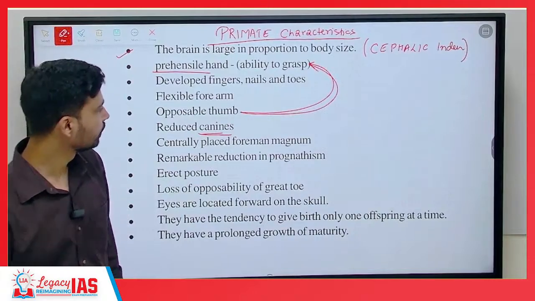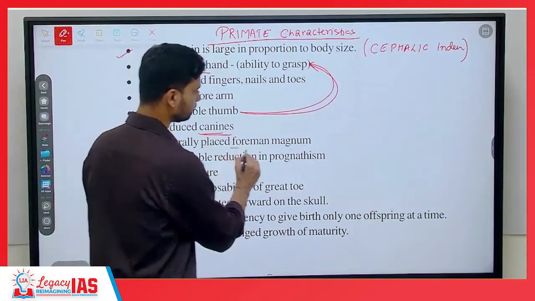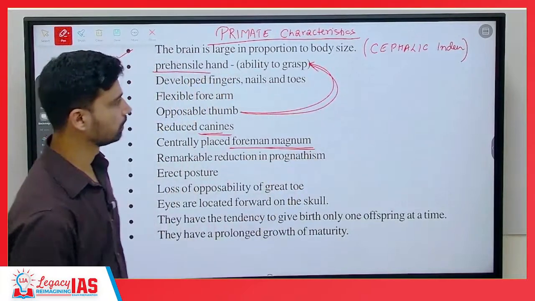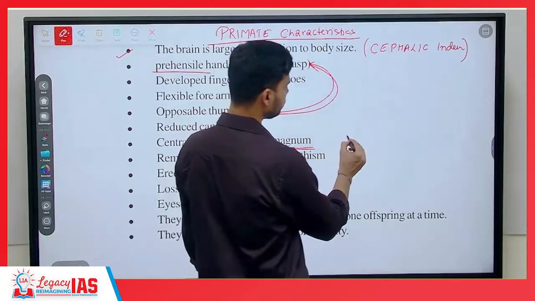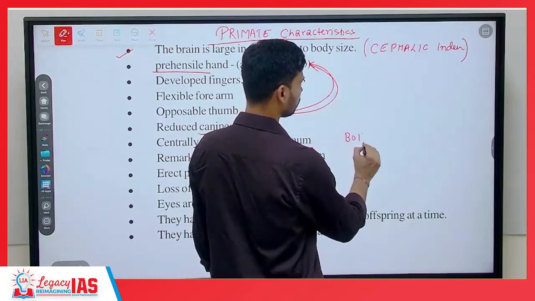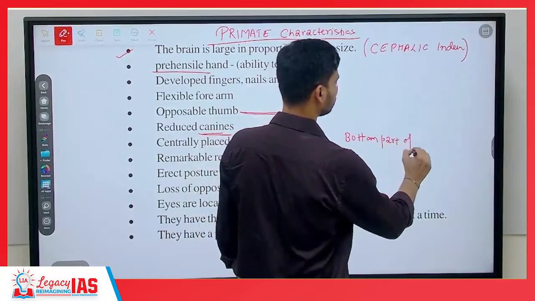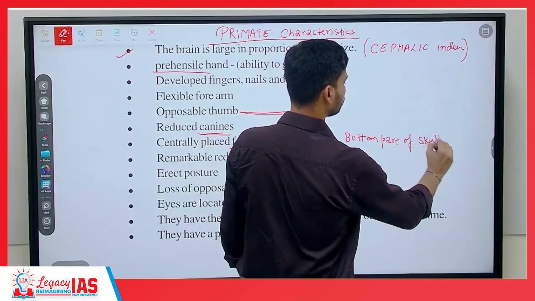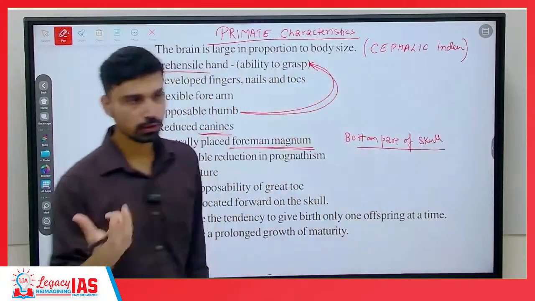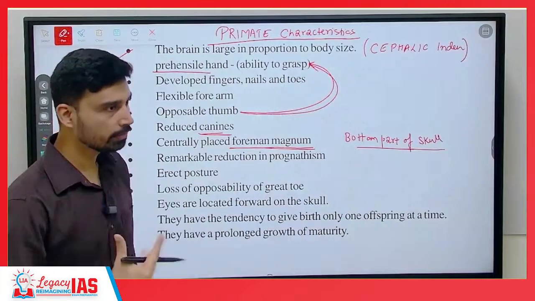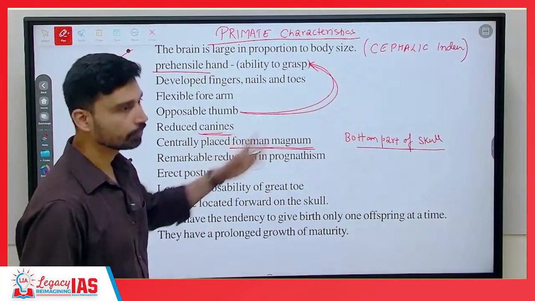Centrally placed foramen magnum. Foramen magnum is the bottom part of your skull. It is a big hole at the bottom of the skull through which your entire spinal column is connected. That is called foramen magnum.